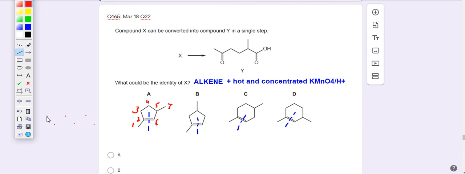Let me join all the carbons together. I don't put carbon number 7 yet because it is actually bonded to carbon number 5. So, label again: 1, 2, 3, 4, 5, 6. Now, one more dot for carbon number 7.